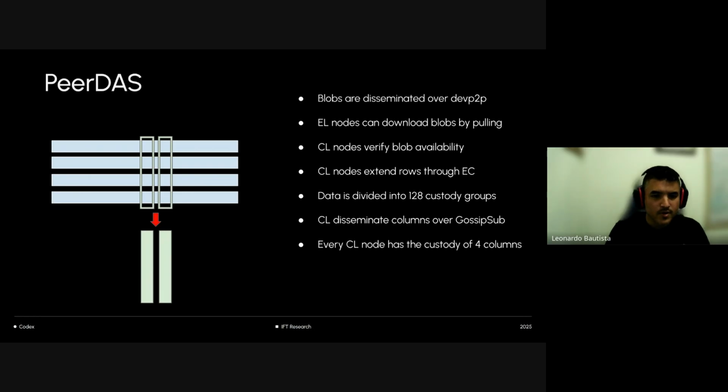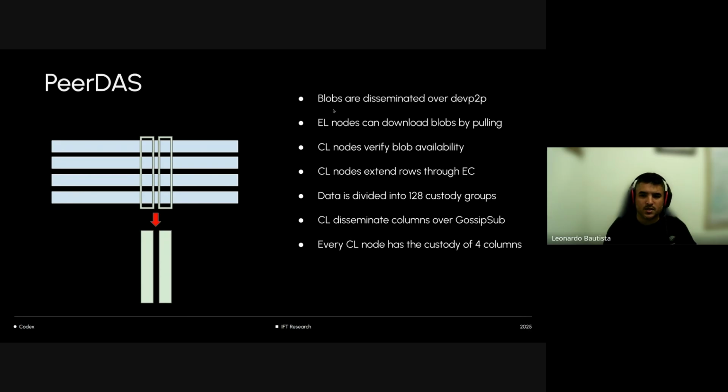So for this, the idea is that we partition the blob data into columns, as you see in the figure, and then every node has to download only a number of columns.